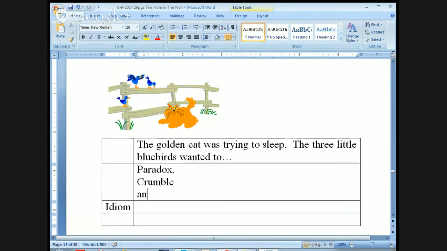anthropophagus. Spell it. And you have to know what these words mean now. Anthropophagus. Spell it for me.